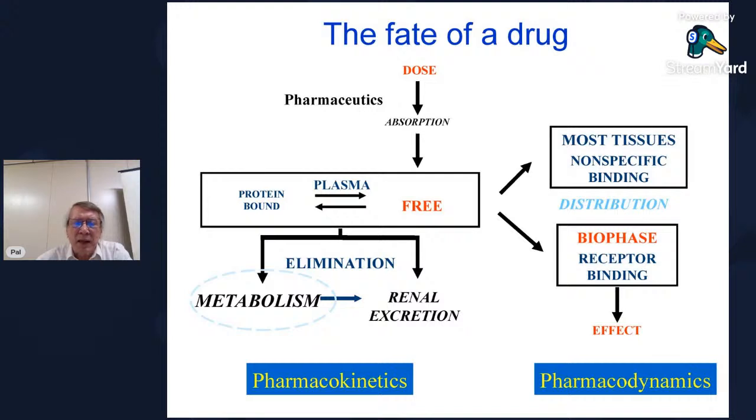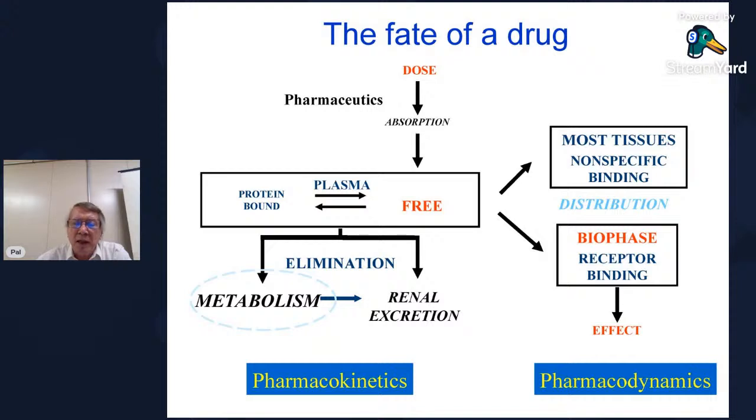The blood carries the compound to most tissues, and in those tissues, in those cells, when the compound finds particular proteins to which it binds and a biological response develops, those proteins, or other macromolecules, are called receptors.